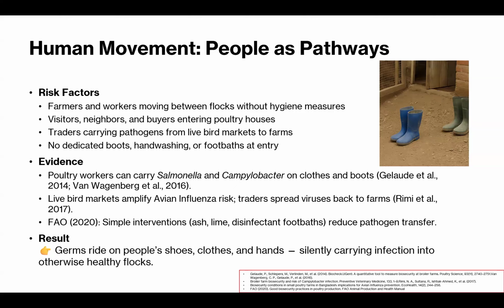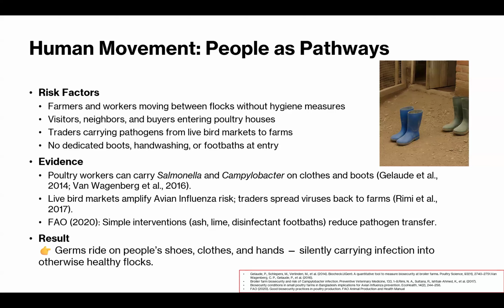I've provided links down here that you can check, that have shown that when poultry workers move between farms, they can transmit or transfer Salmonella and Campylobacter between farms, and live bird markets amplify avian influenza. Most of you may have heard of avian influenza, which is a highly zoonotic virus that the world is worried about right now.